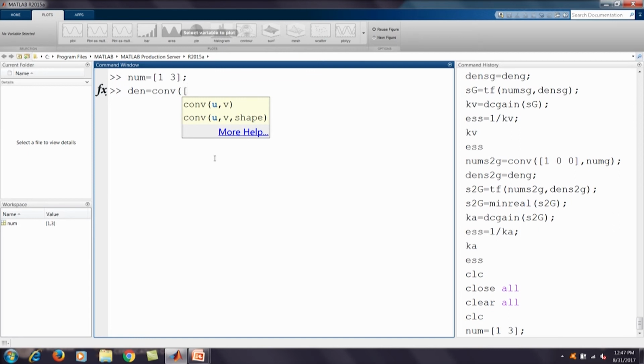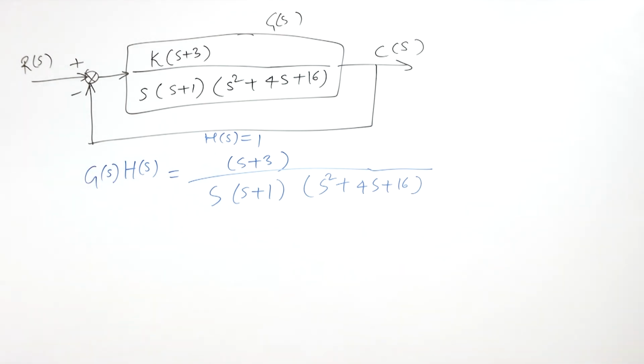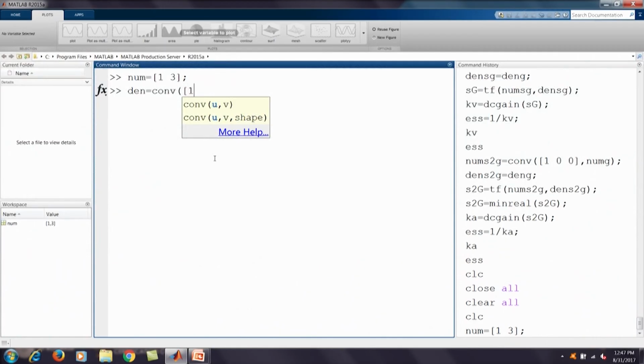First we take s² plus s, so we have [1 1 0] as the first polynomial, then we have [1 4 16] as the second polynomial.